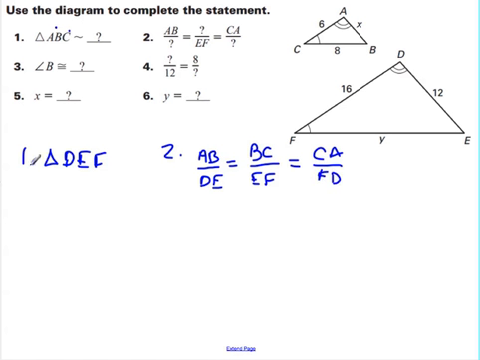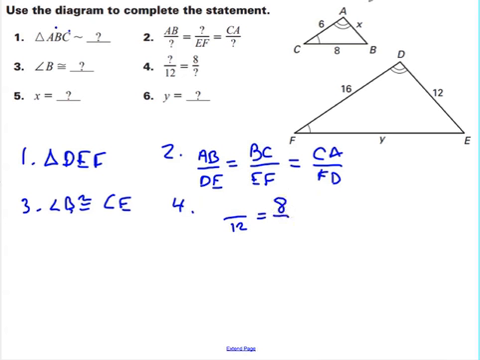Just writing out a statement of proportionality. Number three, angle B is going to be congruent to, this is B down here, that would have to be angle E.